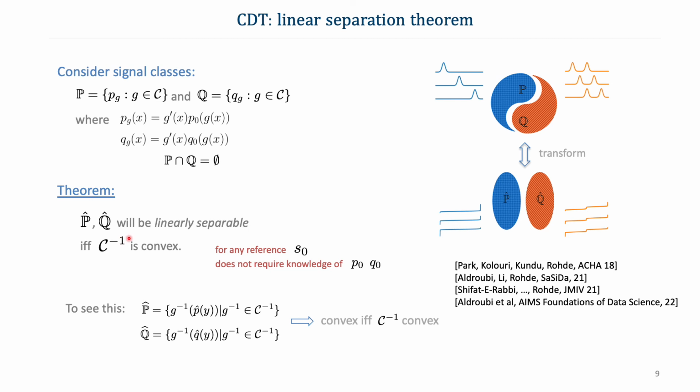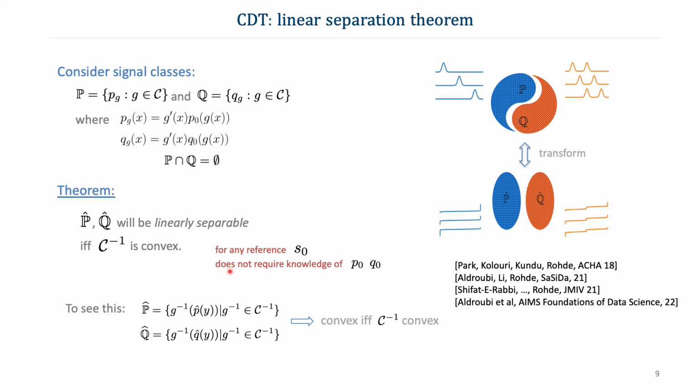Which means if I can take the linear combination of inverse functions g and yield another function which is also in the set of inverse functions, then these two sets will be convex and therefore linearly separable. And one thing to note is that this will be true for any reference S0 that we choose to define the CDT to begin with.